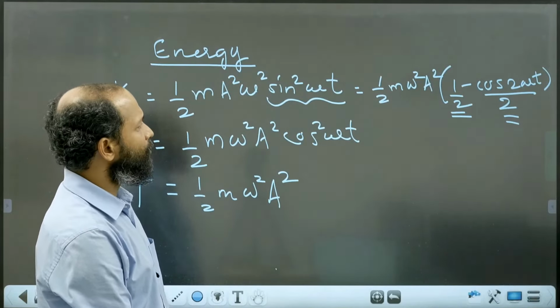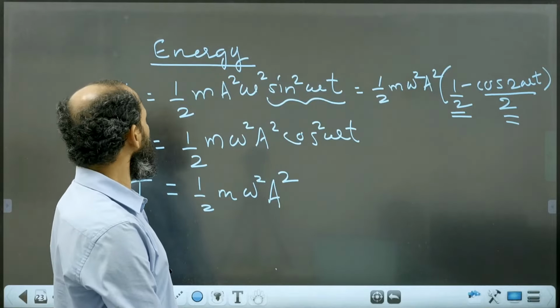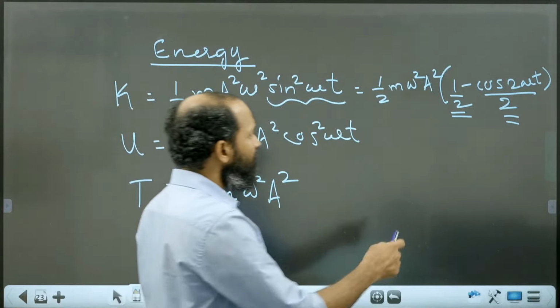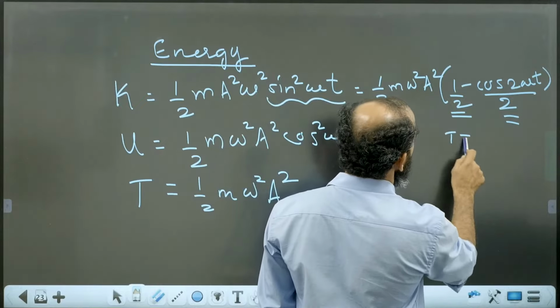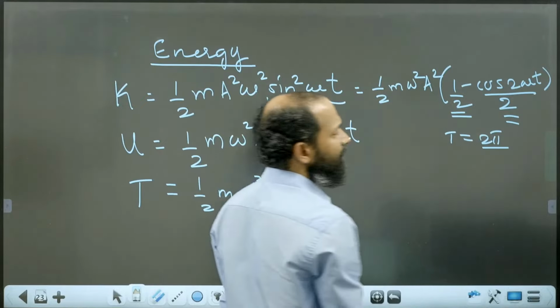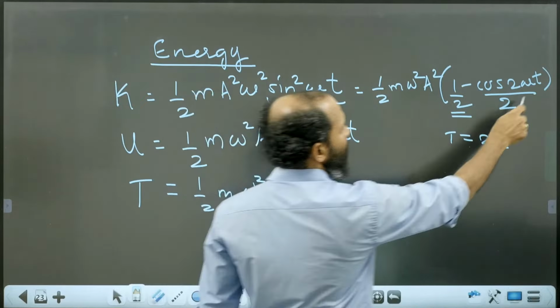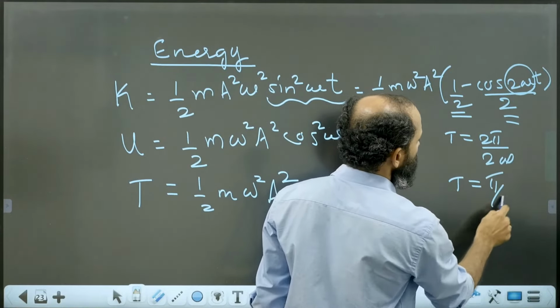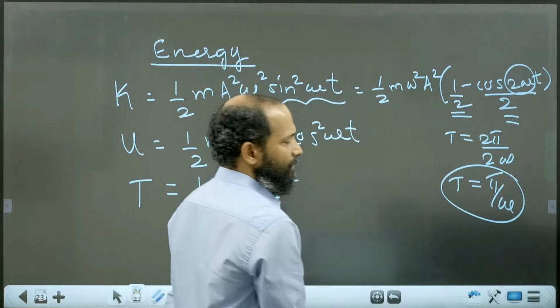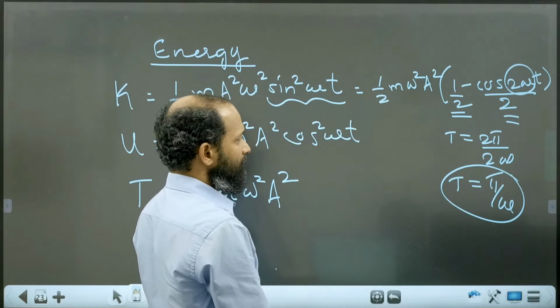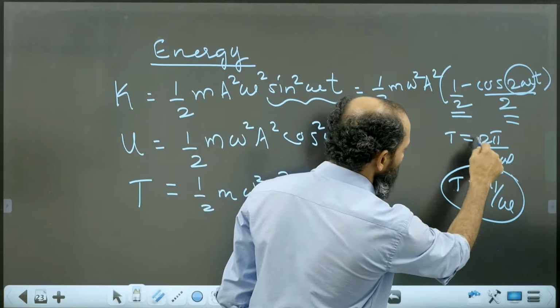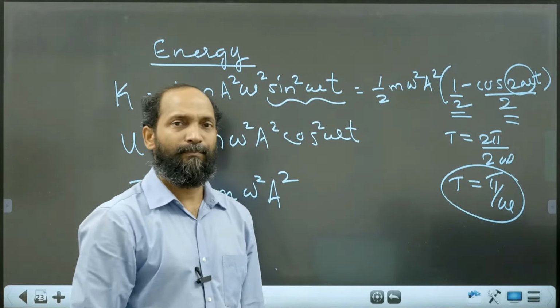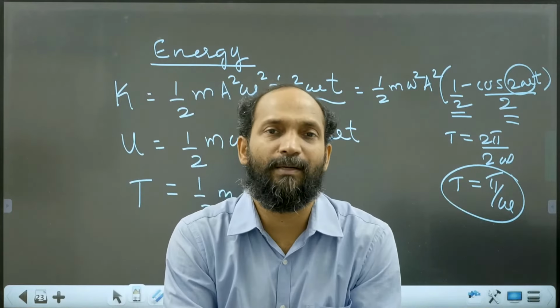That format cannot be simple harmonic. So kinetic energy is not simple harmonic but periodic. What is the period? T is equal to 2 pi divided by coefficient of time. Coefficient of time is 2 omega. That is T is pi by omega, which means half of 2 pi by omega. Period is halved in comparison with SHM.